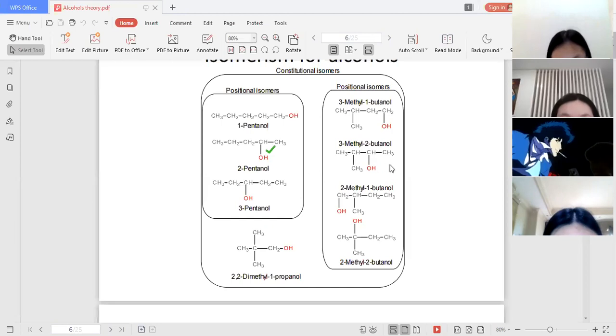And then 3-methyl-2-butanol, yes. Is there any other?